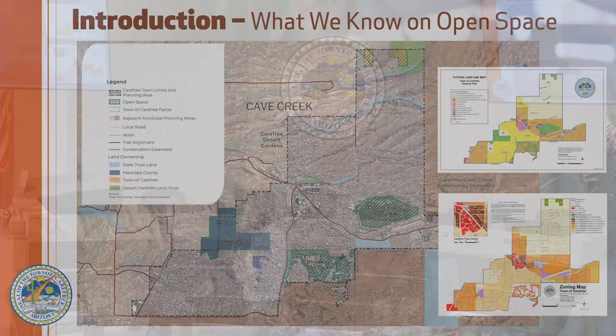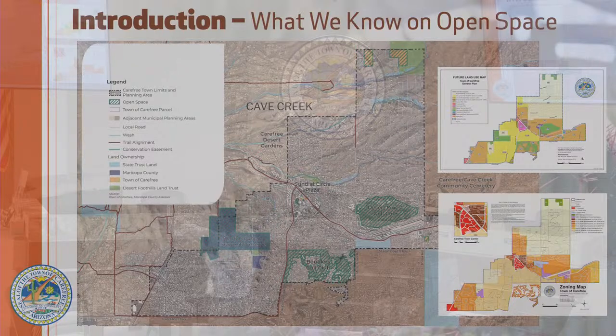So here is a little bit more of, like I said, a map of what we know regarding open space. So we know the feedback we've collected, but we also recognize that we have the land use plan, which is on the top, that has an open space designation. We have the zoning map, which is on the smaller map on the bottom, which also defines what type of development can happen on certain parcels.